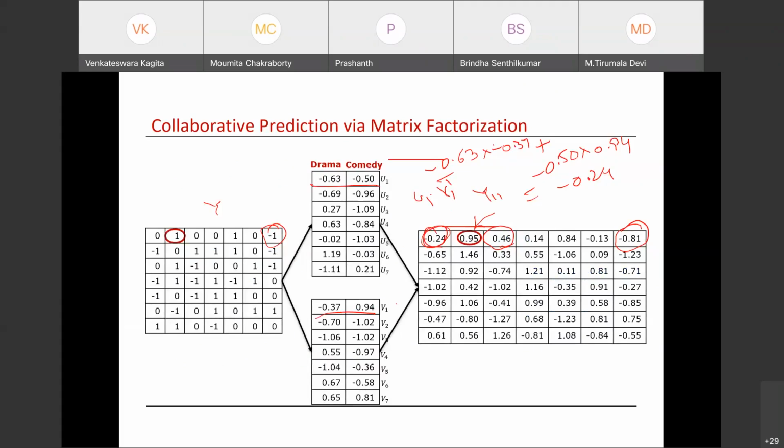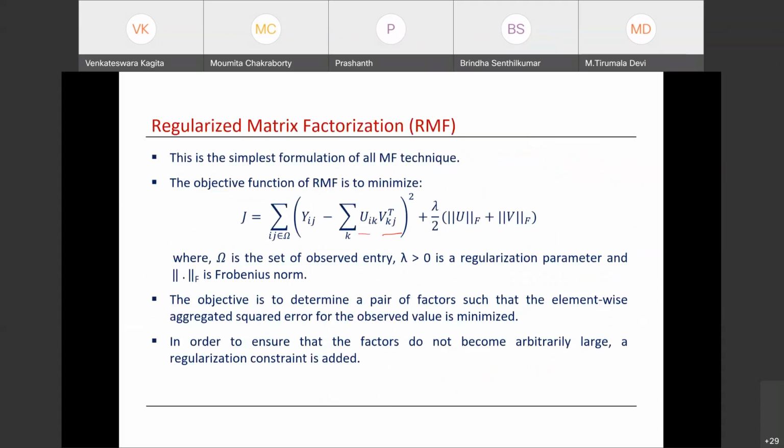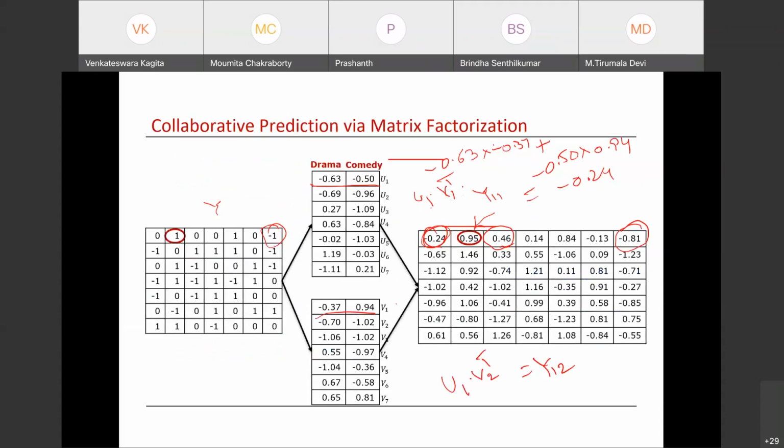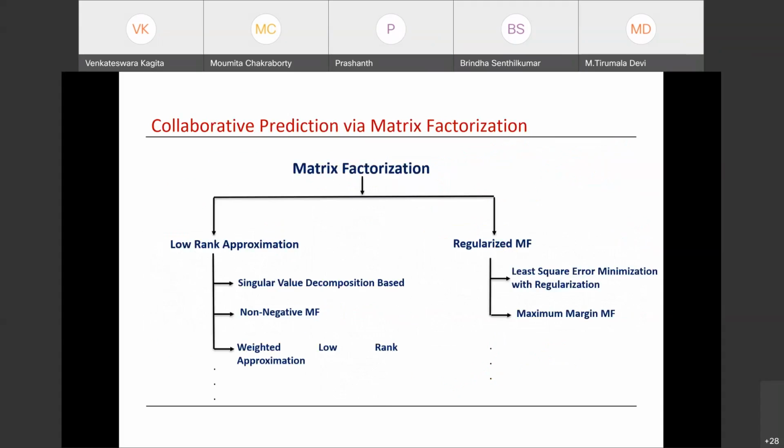When you multiply U1 with V2 transpose, which entry would you get? The Y12 entry, and so on, right? So when you're doing this multiplication of U1 times V1 transpose, what are you doing? You're taking U11 times V11 plus U12 times V12, right? You're doing that, no? And taking the sum over that.